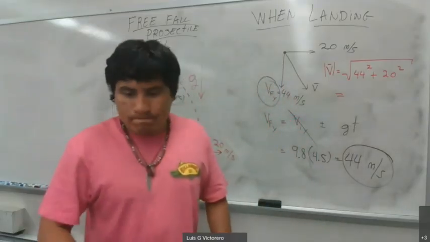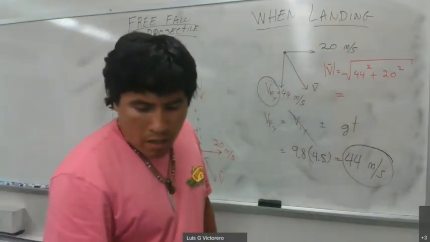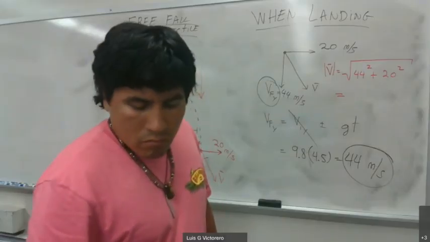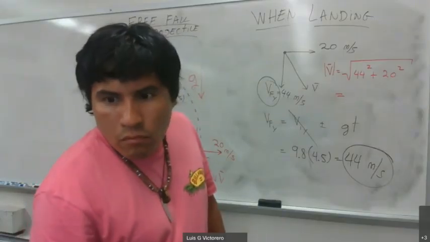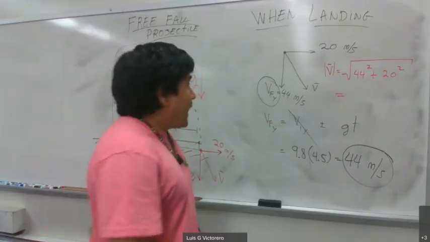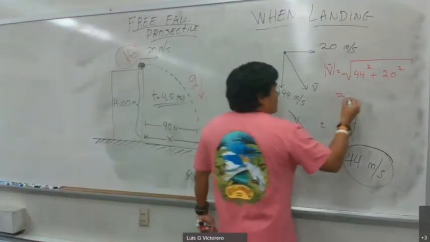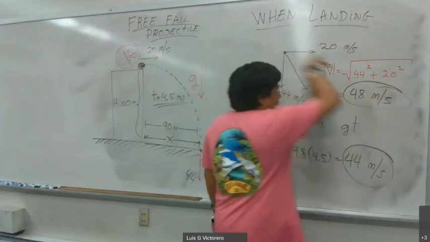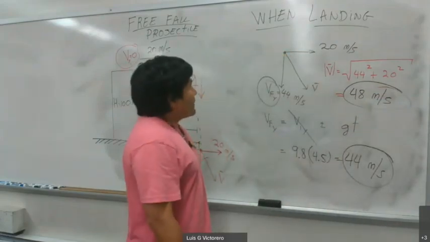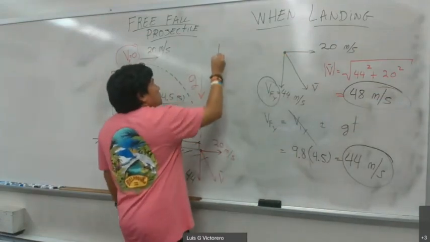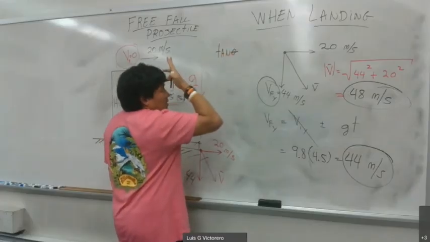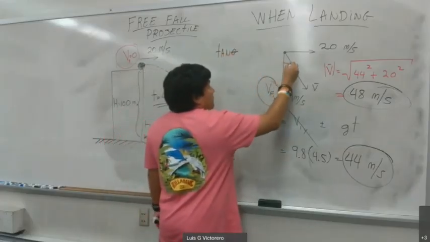We get 48. That's the speed as it lands. To find the direction, it is this one here.